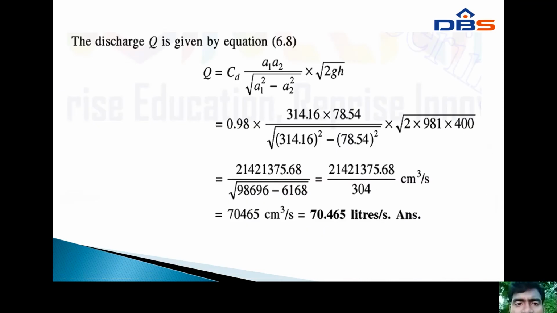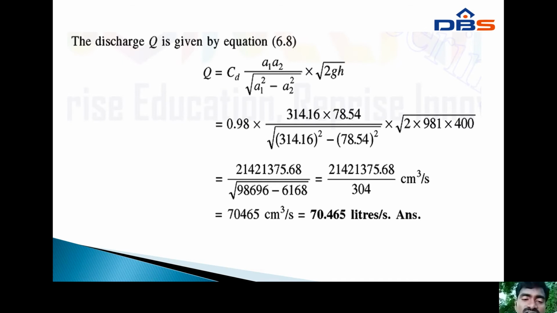Okay, next, the discharge Q value is Q equal to CD into A1 A2 divided by root of A1 square minus A2 square into root of 2GH. In this equation, CD value, A1 value, A2 value, G value and H value, all values are substituted in the discharge equation.